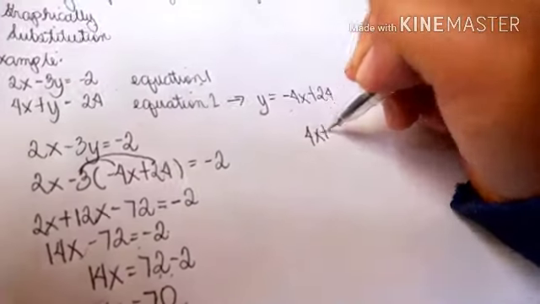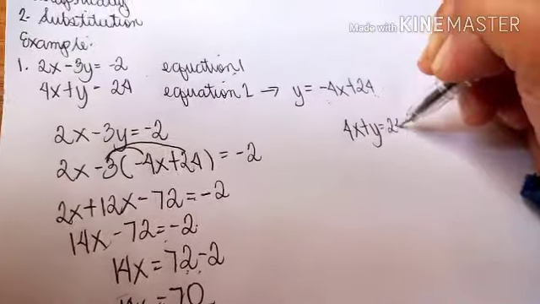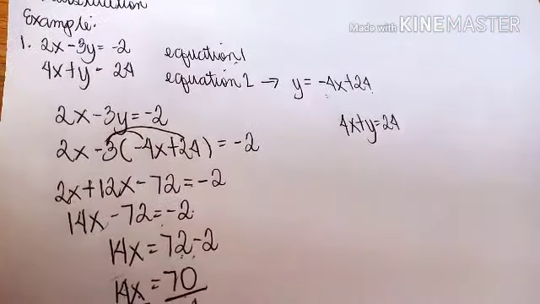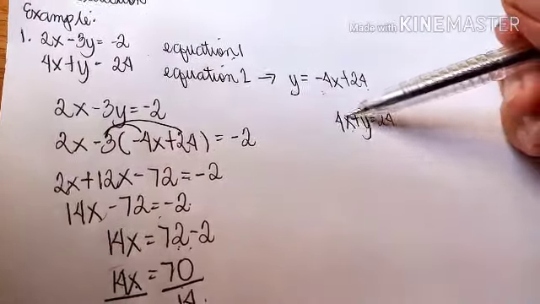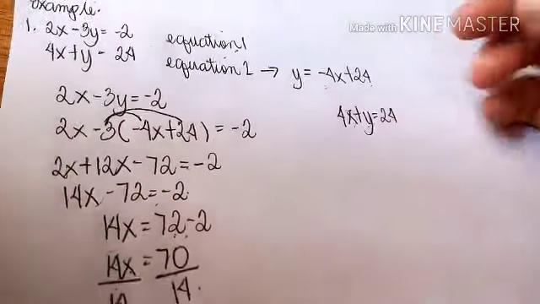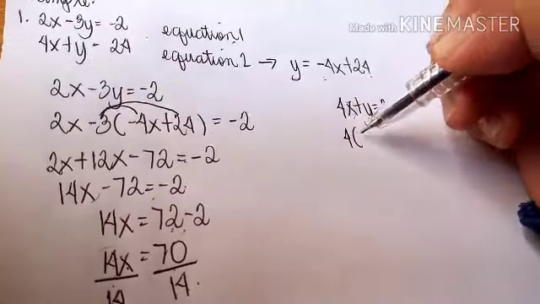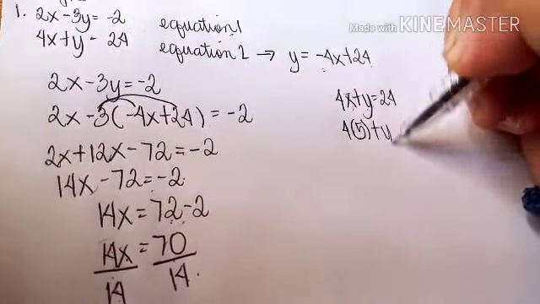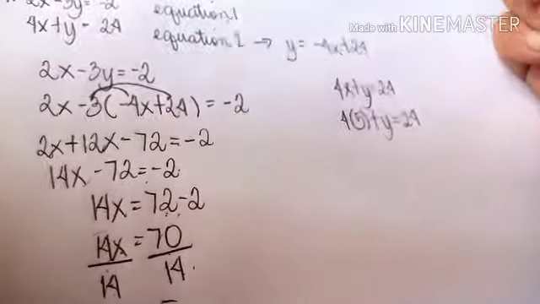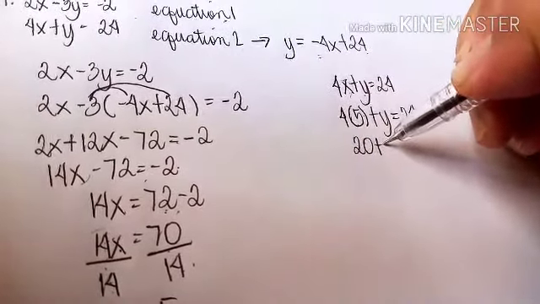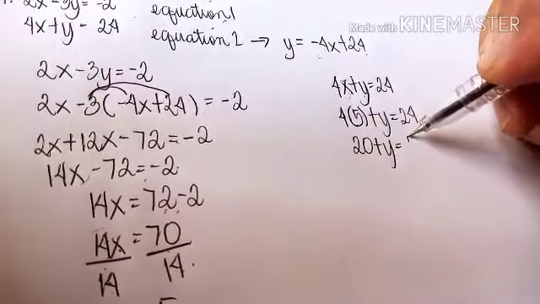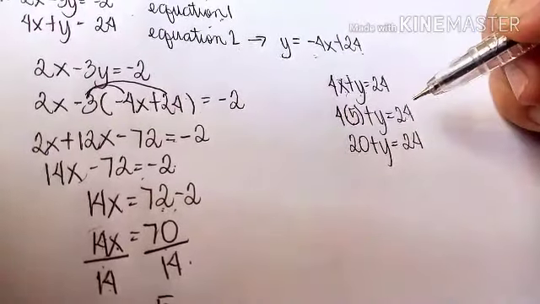So we have 4x plus y is equal to 24. We substitute the value of x, which we solved earlier. That is 4 times 5 plus y is equal to 24. So 4 times 5, that is 20, plus y is equal to 24.